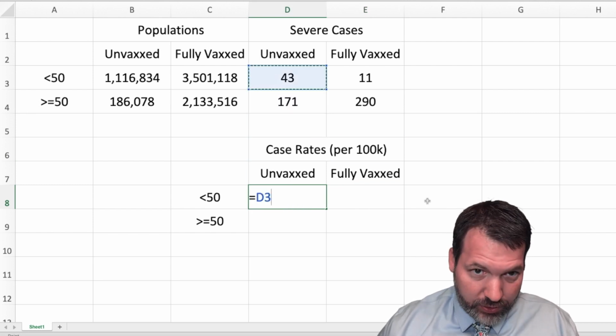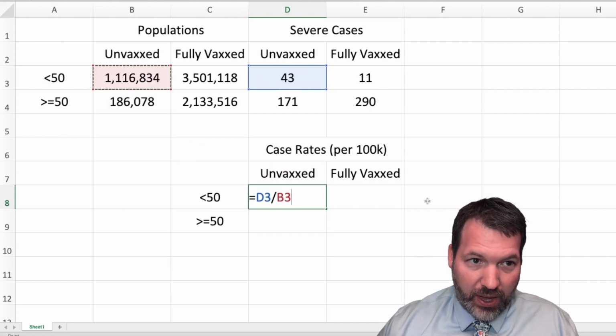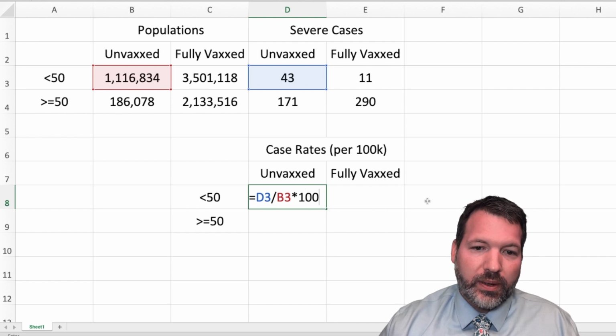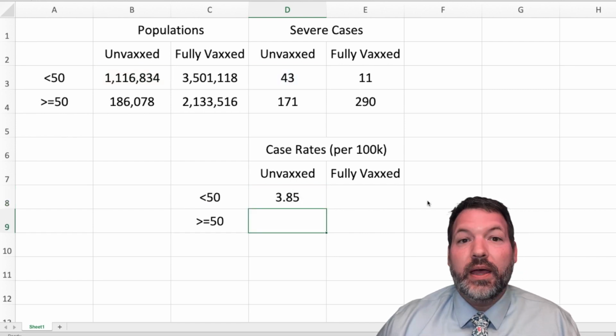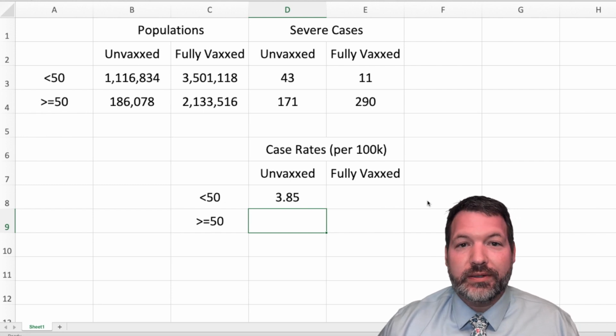We're going to take those 43 cases, divide by the total population under 50 unvaccinated, and then multiply by 100,000, and there it is. That's 3.85 cases per 100,000 people if you are unvaccinated and under 50.